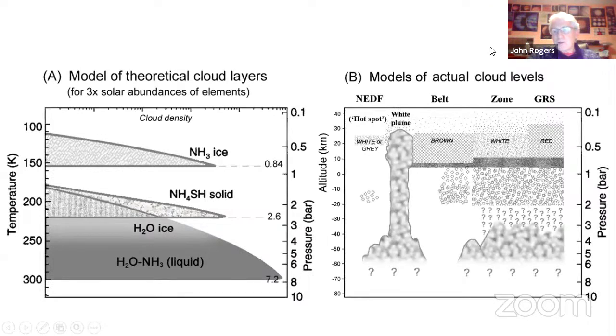How does that agree with observations? Well, this is a rough summary of observations from professional studies, both from spacecraft and from ground-based infrared observatories. There are clouds in more or less the expected levels, but only approximately, and there's still a lot of uncertainty about this. There is still very little evidence as to what the clouds actually consist of.